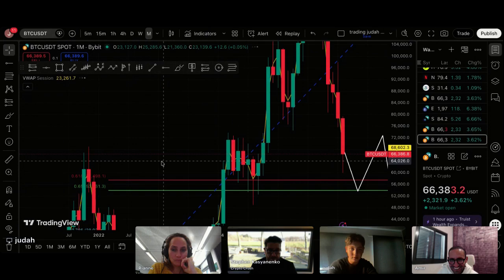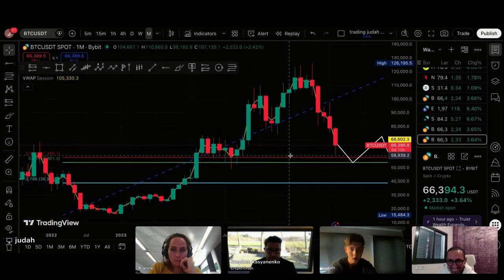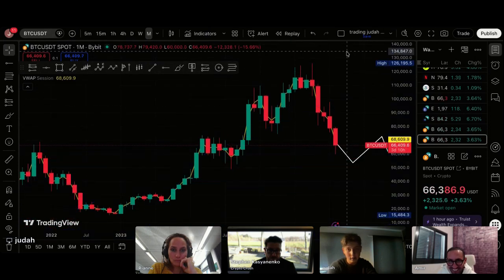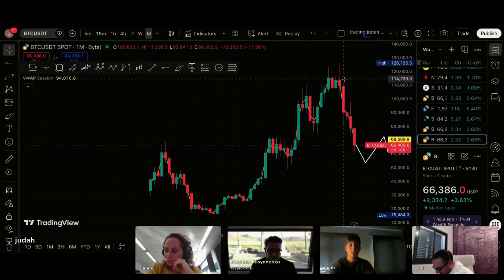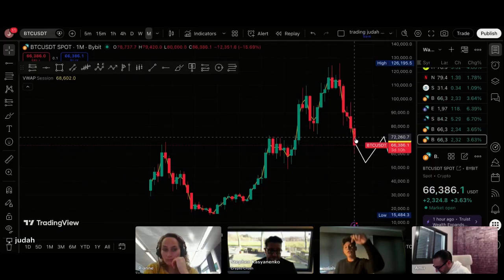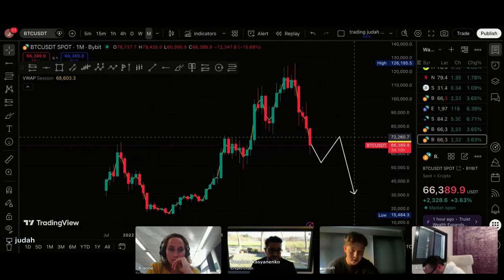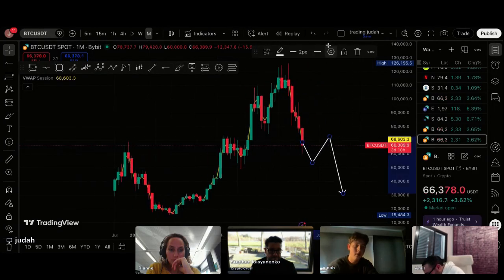I also had something interesting on Bitcoin where we can expect a bounce. We are in a bear market, but it's just going down in a straight line. That's unusual. I think we're gonna see some type of relief rally.